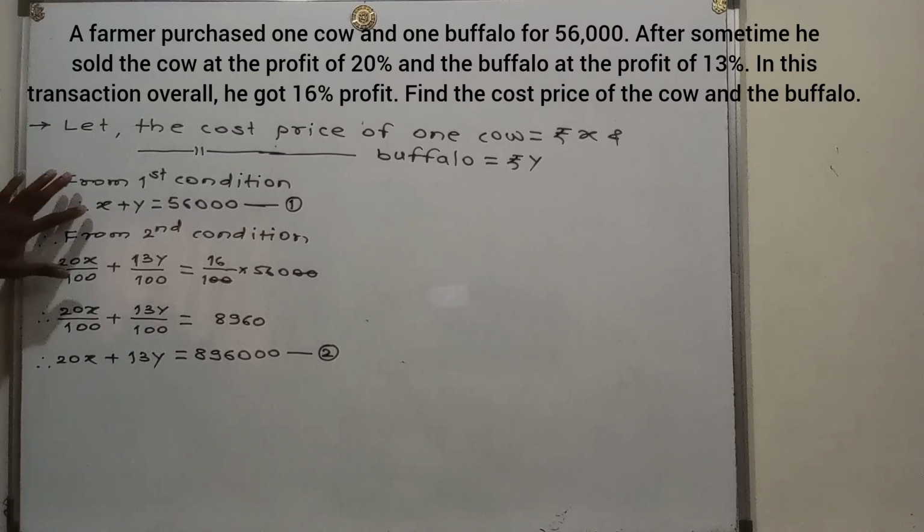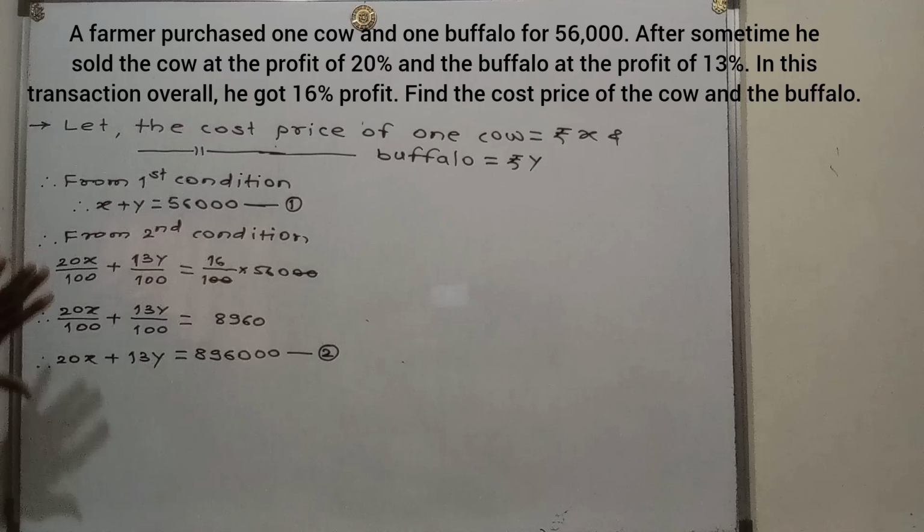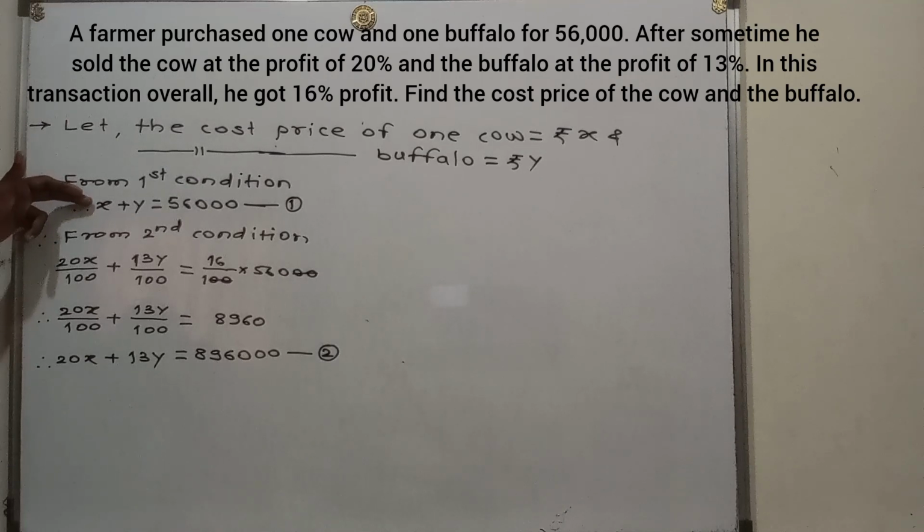Now equate the coefficients of any one of the variables. Here, multiplying equation 1 by 20.